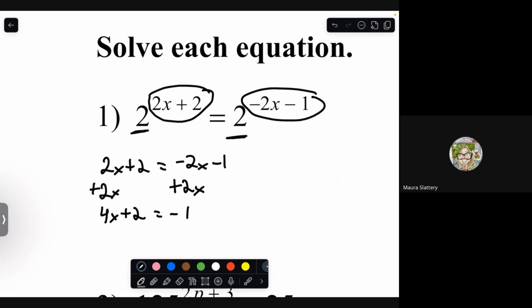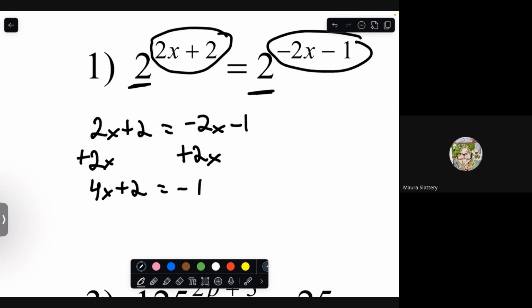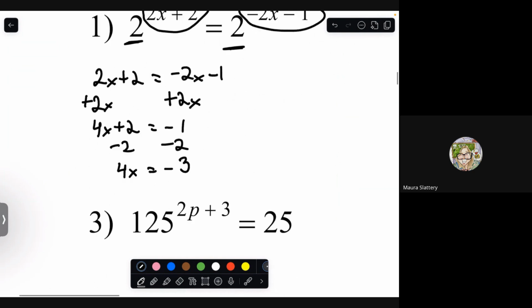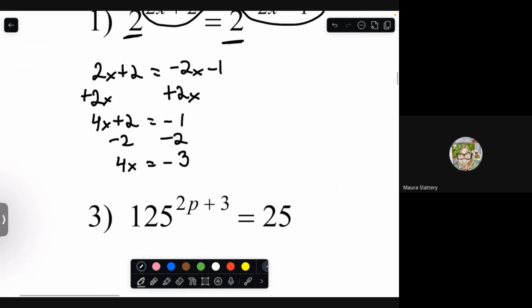So first, I'm going to add 2x to both sides. Then I'm going to subtract 2 from both sides. If you did this differently, there are multiple ways to isolate the x. As long as you end up with the same answer as me, you're good to go. Then I subtract 2 from both sides. I get 4x equals negative 3. I divide by 4, and I get that x is equal to negative 3/4.